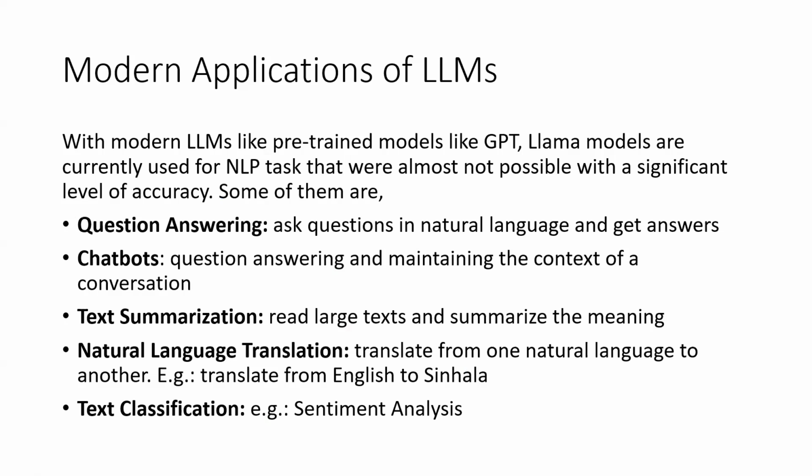So like ChatGPT, right? That is also an emerging ability that was observed in large language models. And text summarization was also not possible with earlier machine learning models, because in order to summarize some text, you should have some insight, an understanding of the text once you read it, right?